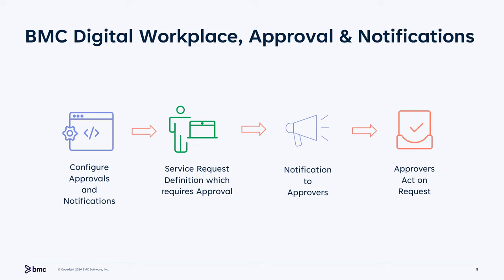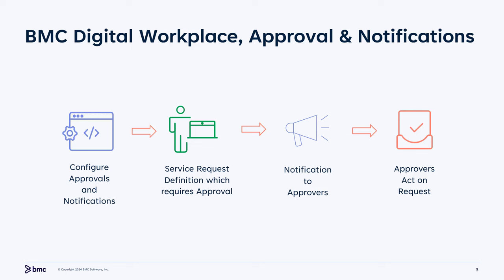This needs to happen before the service request can proceed to the next status. These approvals can be required at different stages of the request lifecycle. Before you begin, you must have the Service Request Manager administrator permissions to configure Service Request Management approvals.